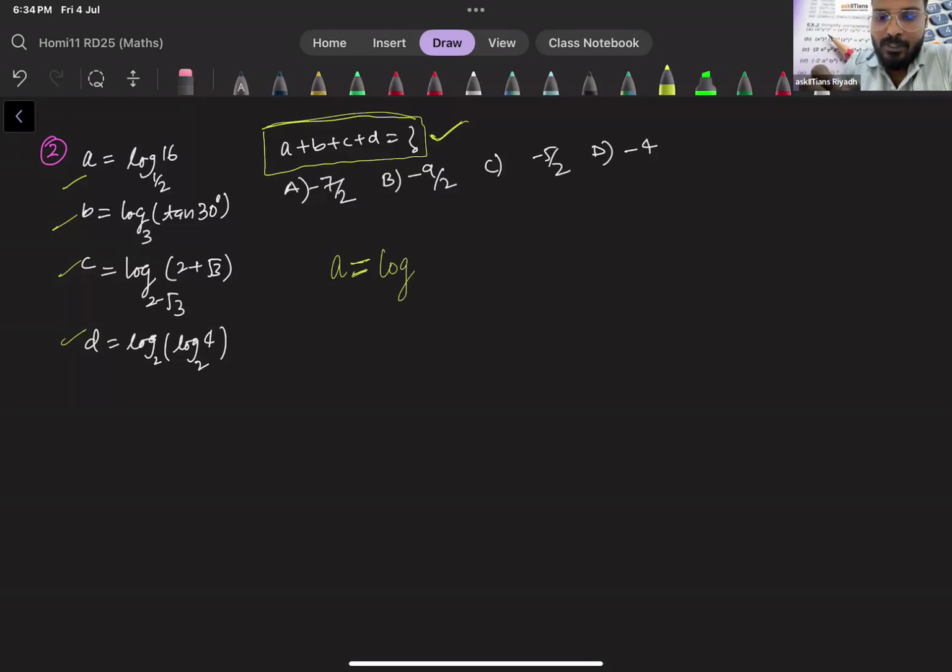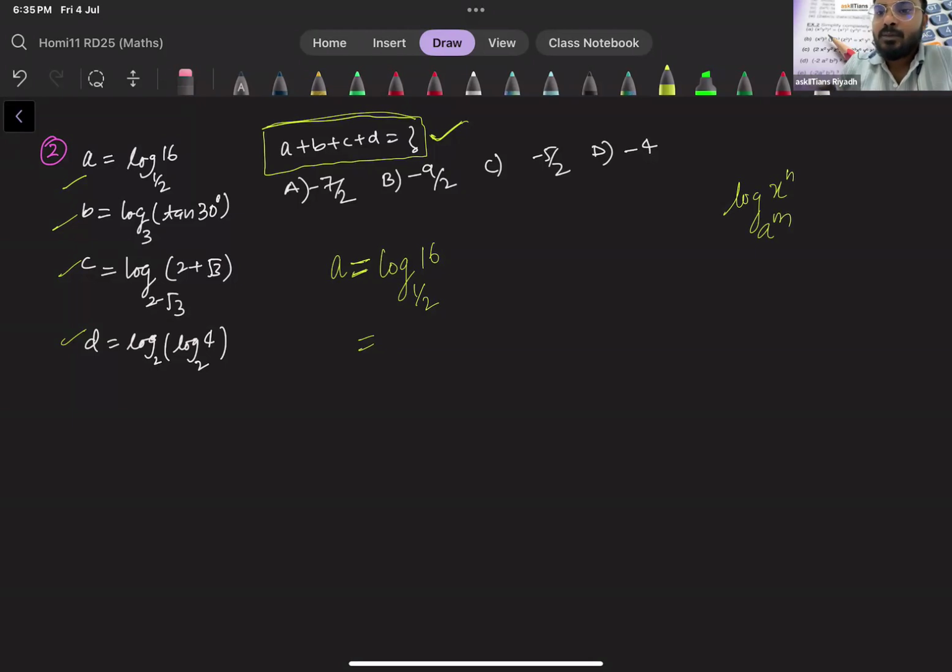Like first find out log a. What is the numerical value of a? I told you this property now: log x to the power n with base a to the power m.